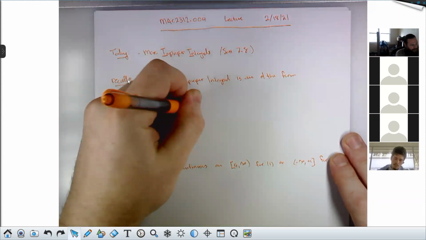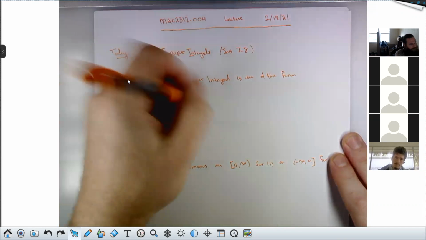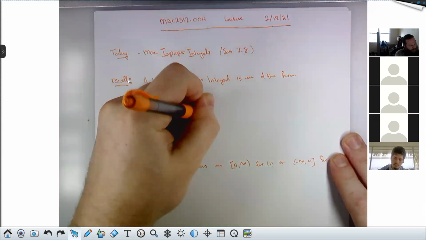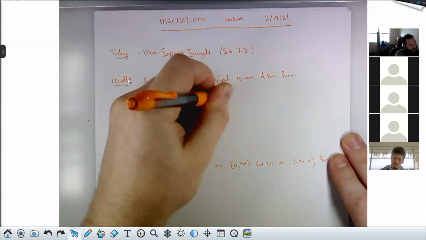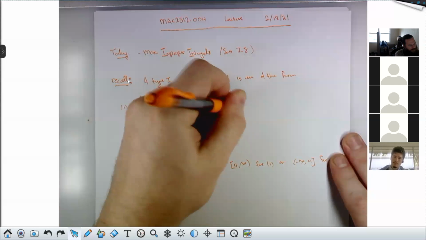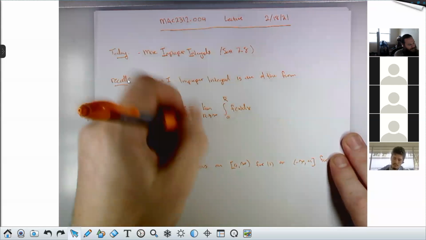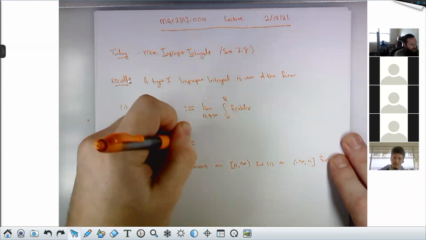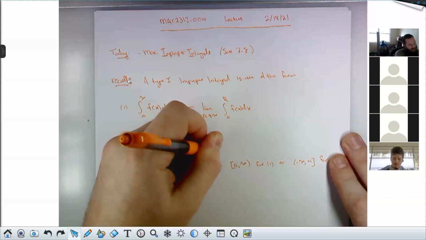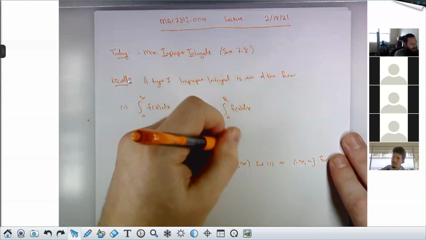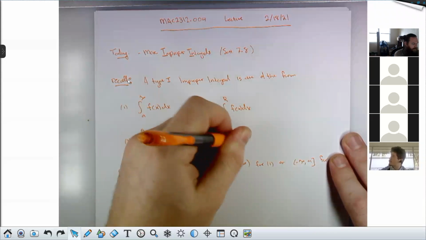Each of these is defined to be a limit: the limit as r goes to infinity of the integral from a to r, or the limit as r goes to negative infinity of the integral from r to a.